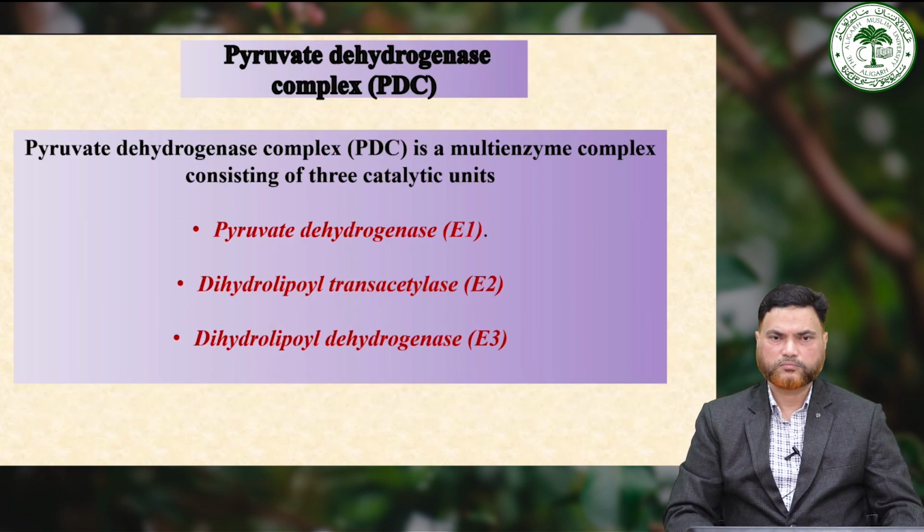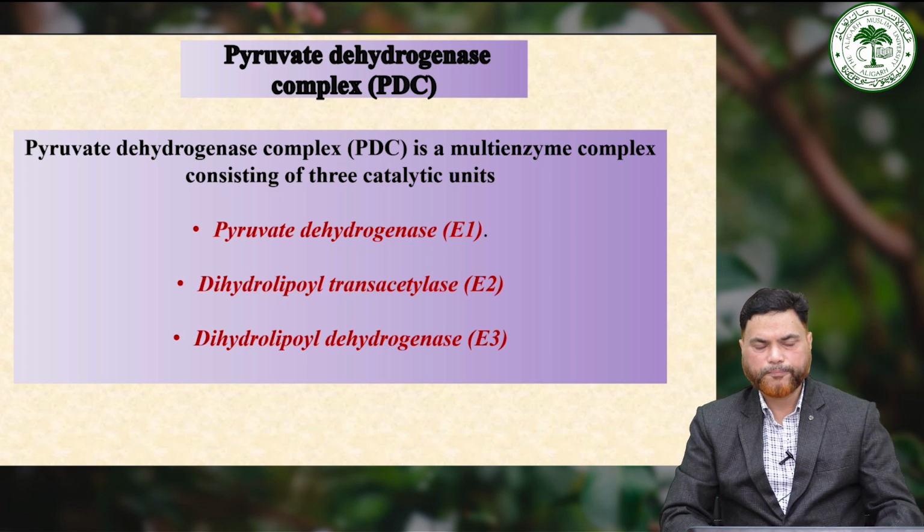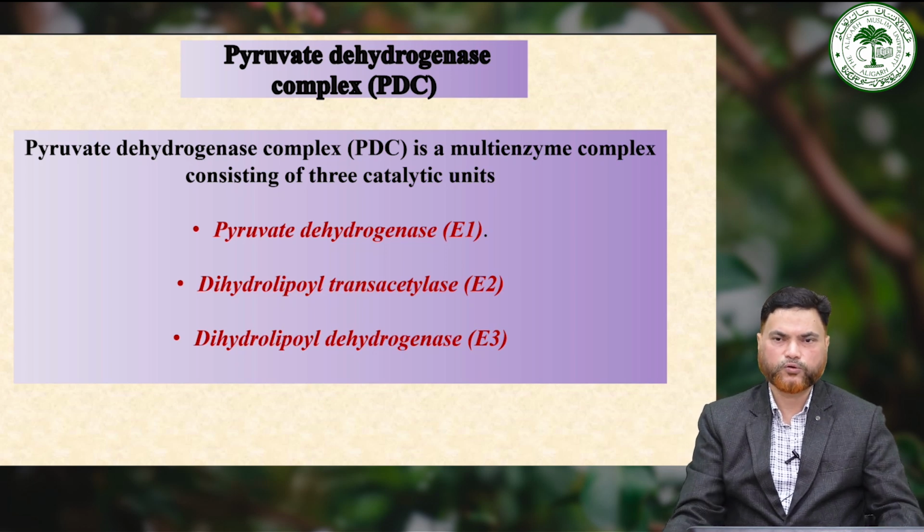Now, in the first step, pyruvate undergoes decarboxylation by reacting with activated thiamine pyrophosphate of the enzyme pyruvate dehydrogenase, resulting in the formation of hydroxyethyl derivatives. So, this is the first step.